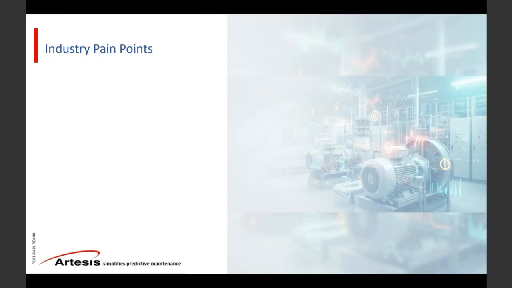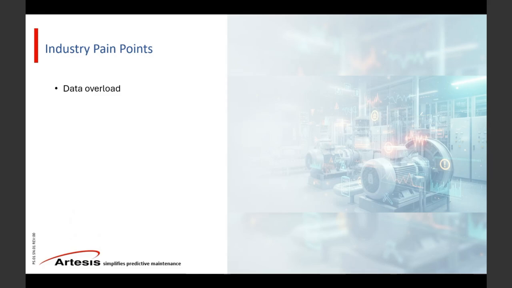I'd like to frame the whole challenge of the industry in 4 practical pain points, because once you name them, you realize most of them are dealing with the same thing. The first one is data overload. Monitoring systems are doing exactly what we asked them to do, but they're collecting more measurements, more trends, more spectra, more events.